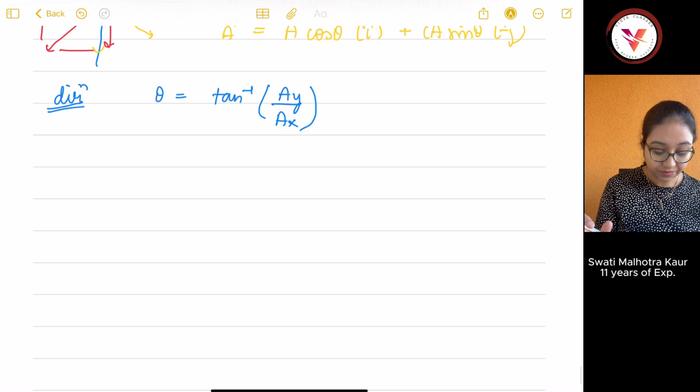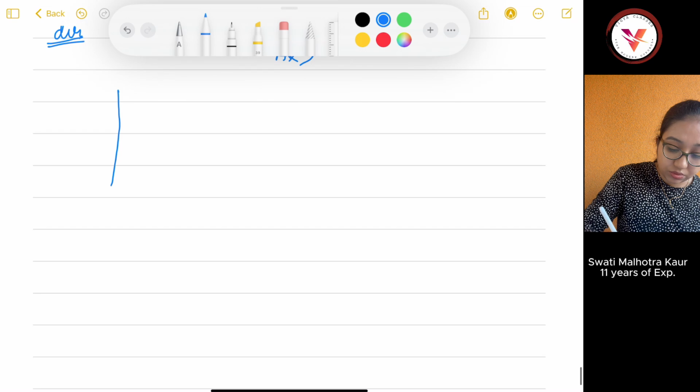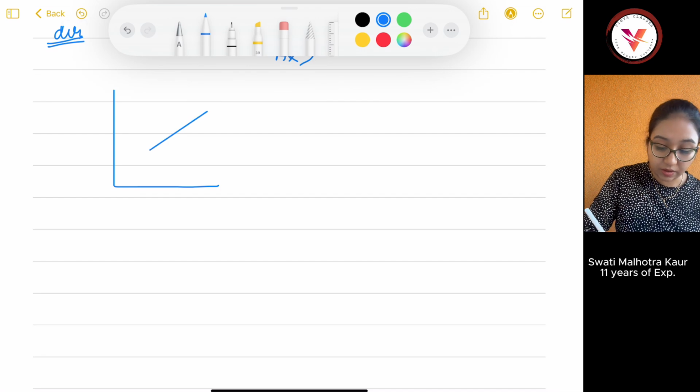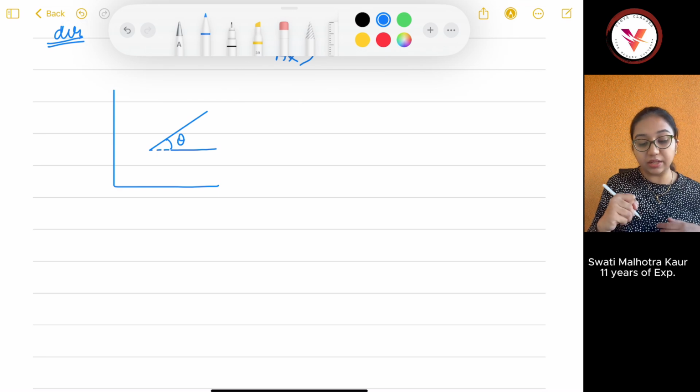But yeah, it's there. Now, suppose your vector A is somewhere here. It's not from the origin. Then also you have to make this imaginary construction and make an angle theta.